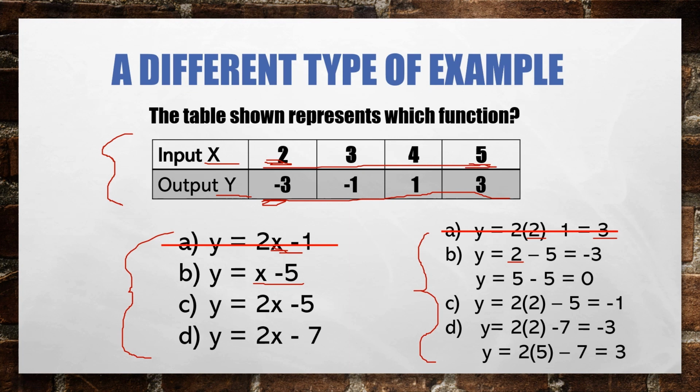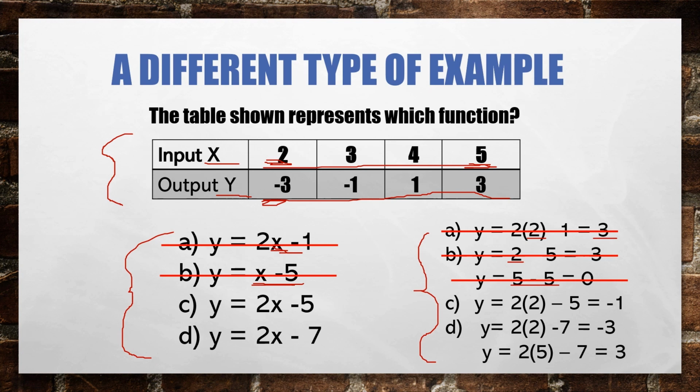So I'm going to put a 5 into this function, and I'm going to end up with 5 minus 5 equals 0, which tells me that's not the correct function, even though the first number appeared to give me the function I was looking for. It really wasn't. So you have to be careful of that.